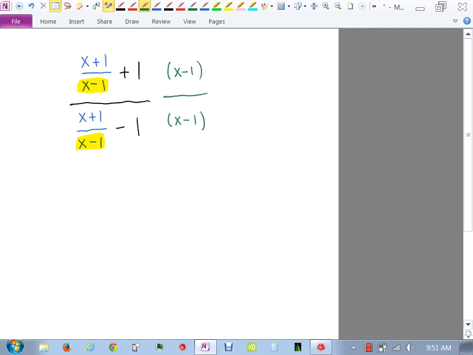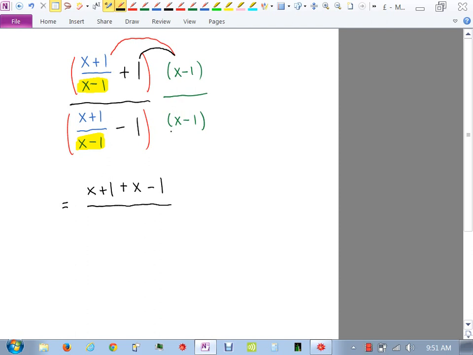Now, the reason why we do that is because when you distribute this to this, what will happen? The x minus 1s cancel, and you're left with just the x plus 1, right? And then when you distribute this to 1, you get what? Plus x minus 1. Right? 1 times x is x. 1 times -1 is -1.